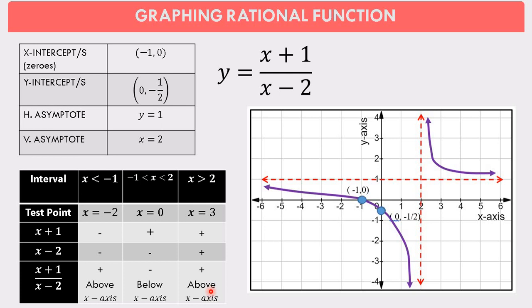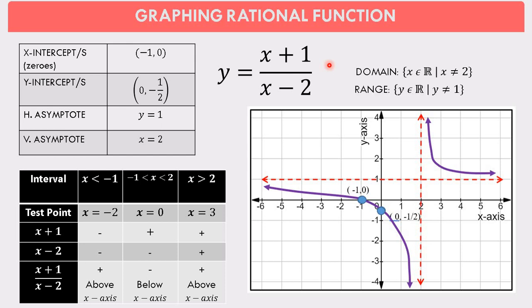So in a rational function, we can always see reflections. So this graph must be reflected on this part, but above the x-axis. You can see this one is being reflected. Now this is the graph of y equals x plus 1 over x minus 2.